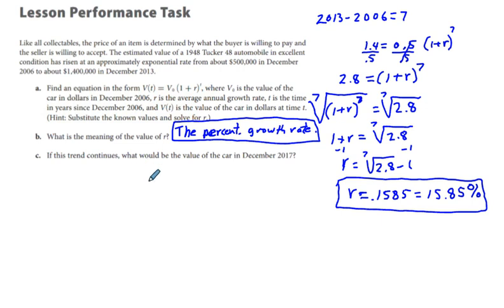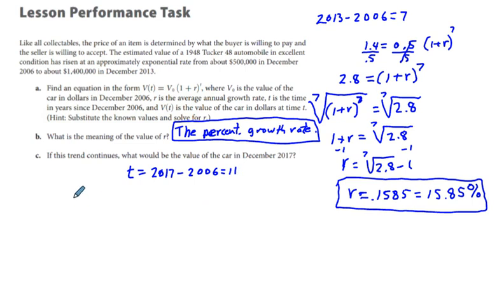Well, for this, t is going to be equal to 2017 minus 2006, which is 11 years.